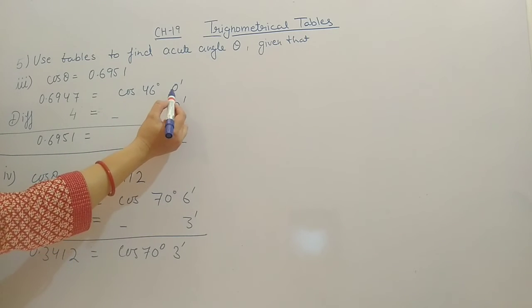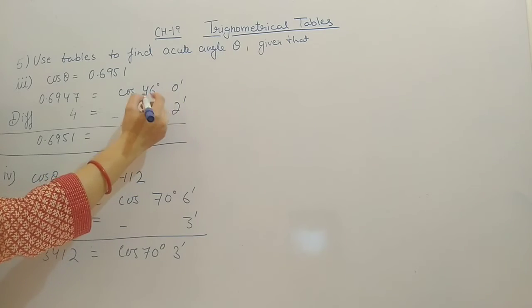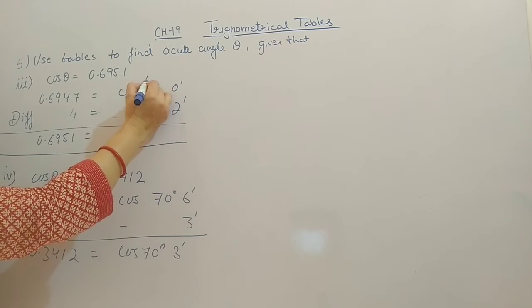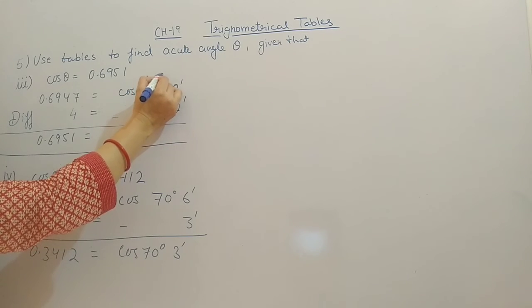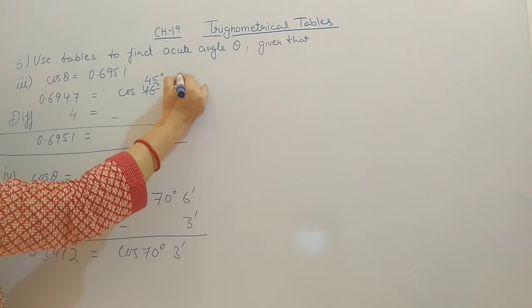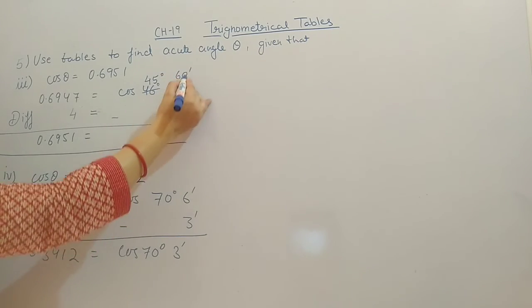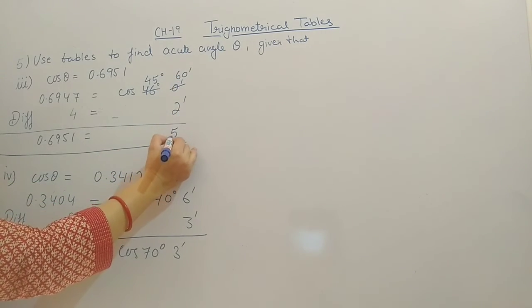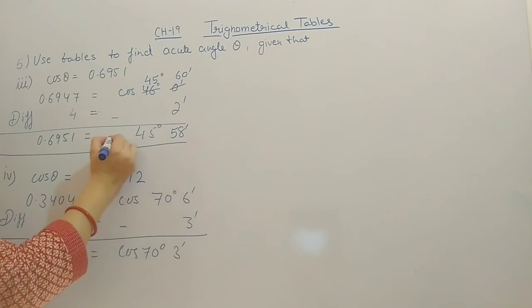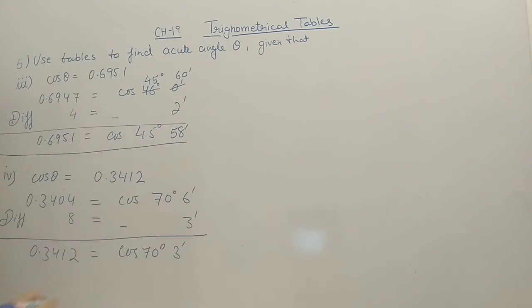See here, this is 0 minute, and from 0 we cannot subtract 2. So we borrow from here. It will become 45 degree, and 1 degree is equal to 60 minutes. From 60 subtract 2, you get 58 minutes and 45 degree. So our answer is cos 45 degree 58 minutes.